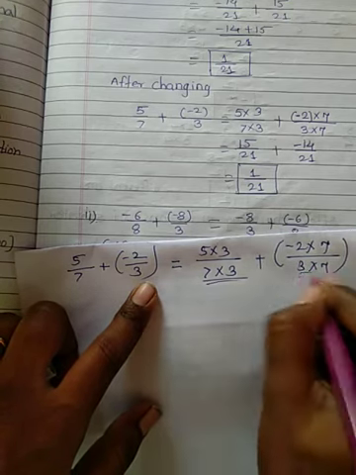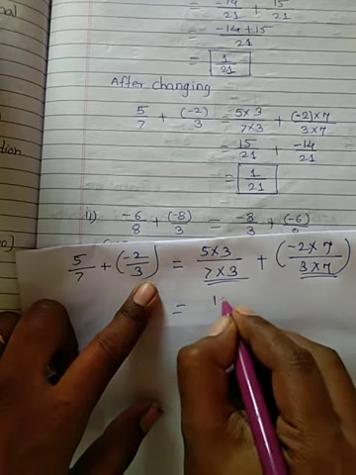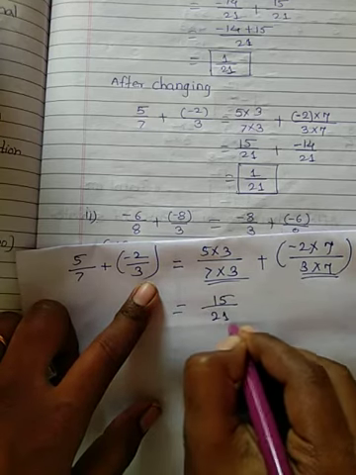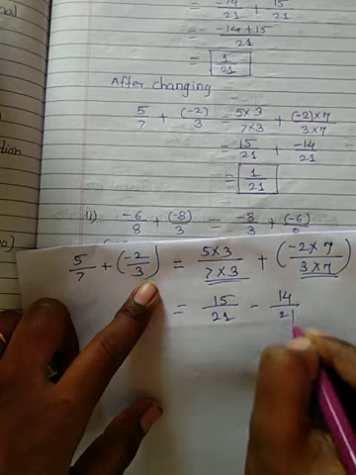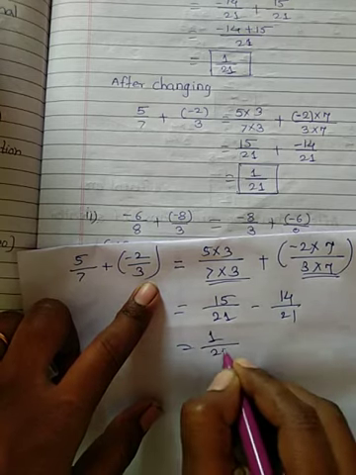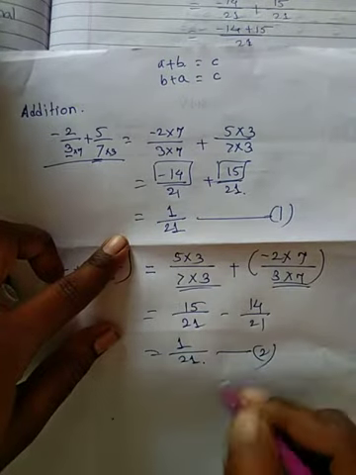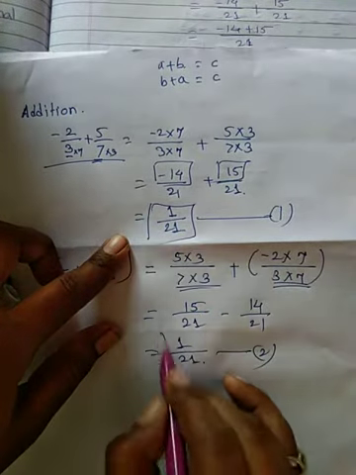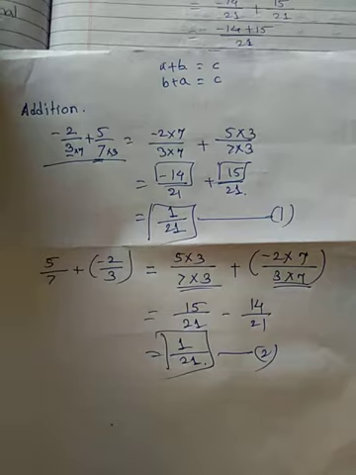Why are we multiplying this? Because we want the same denominator. Minus 14 by 21 gives 1 upon 21. So after changing the order of the terms, the answer remains the same.